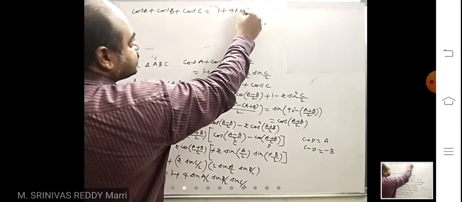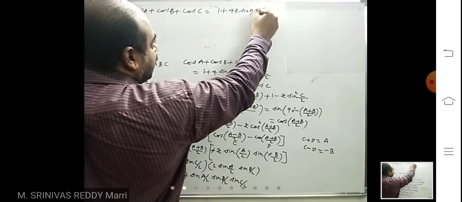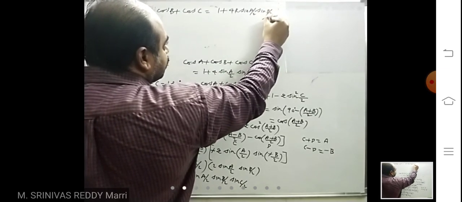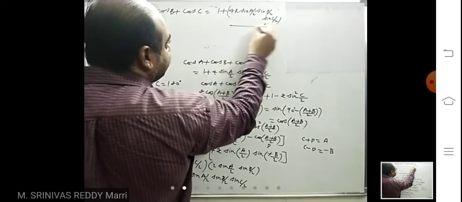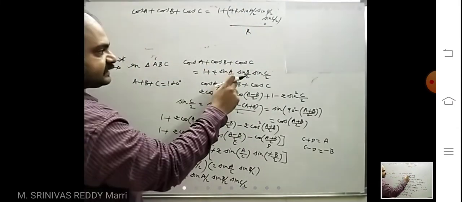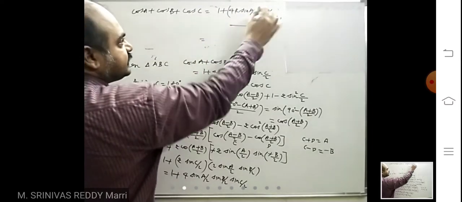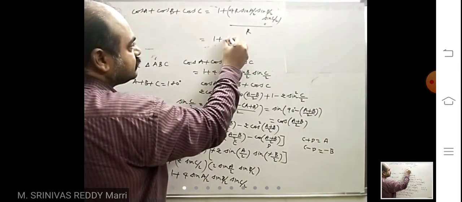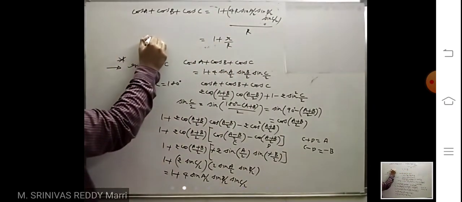What I am doing is I am multiplying and dividing it by capital R, the circumradius. This term I have multiplied and divided with R. This is nothing but, as I told yesterday, the formula for inradius. So 1 plus small r divided by capital R.